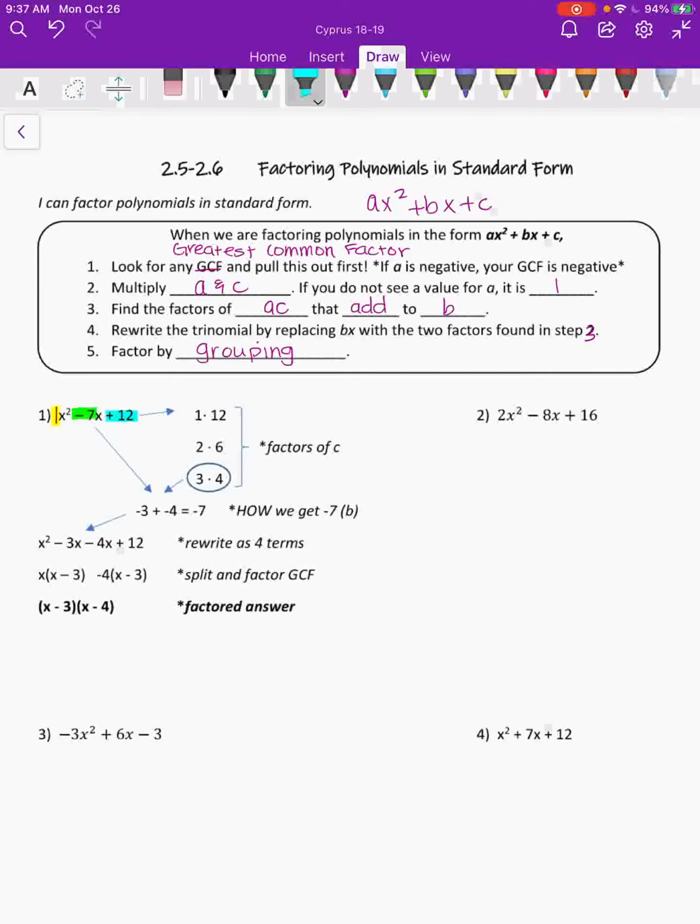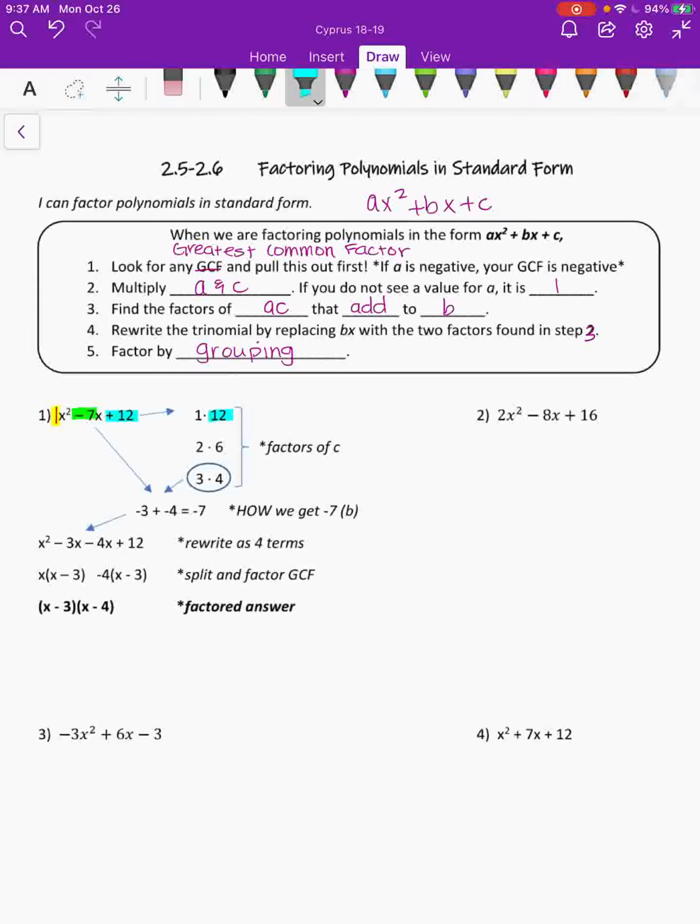Okay, so first thing I look for is any greatest common factor. Is there a number that can be divided into 1, negative 7, and 12? Do they have anything in common? No, the only thing they have in common is 1. So we don't have a greatest common factor to pull out. Step 2, multiply A and C. So you can see that arrow pointing off to the side there.